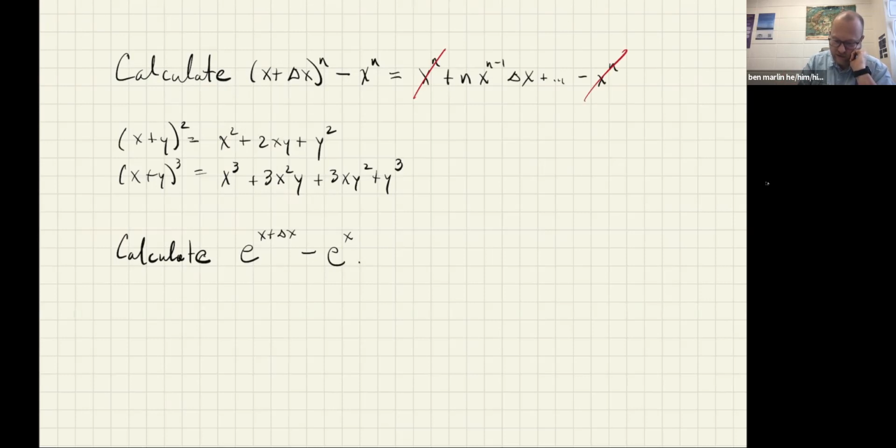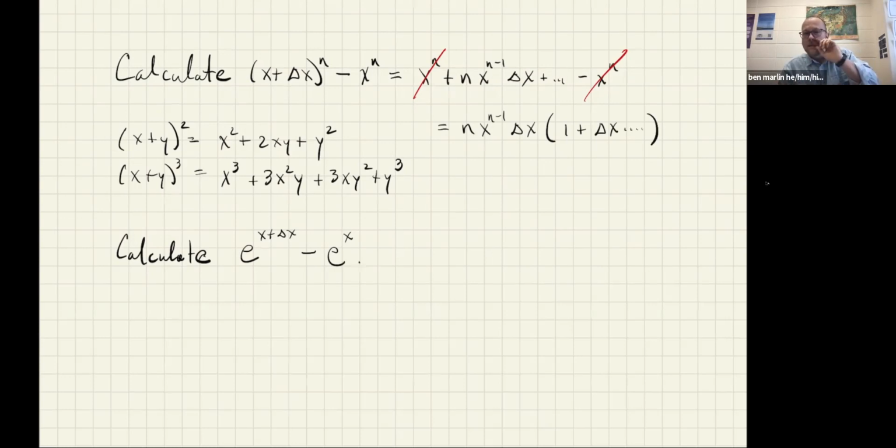And then this is equal to n x to the n minus 1 delta x times other stuff that will have a 1 plus a delta x times some things, because all of the other terms will have more than 1 delta x in, okay?